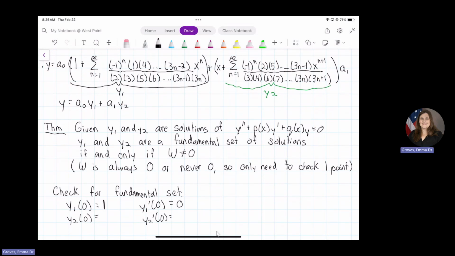Plug in a 0 for x. If you look at y2, I'm going to plug in a 0 for all of these x's. If I take a derivative, let's just focus on this x. What's the derivative of this? So what's y2 prime of 0 going to be?